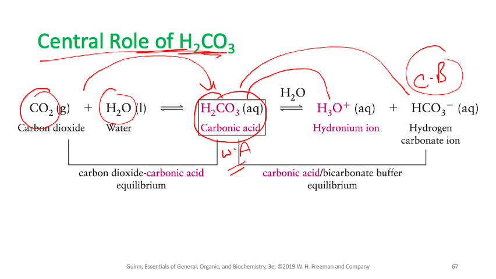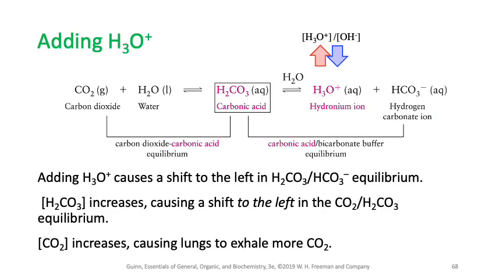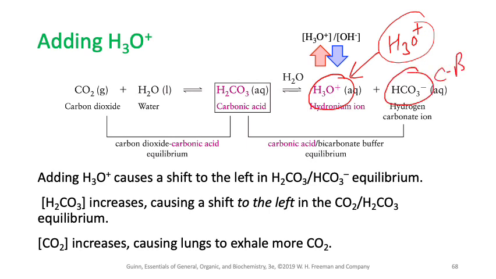So let's try to understand how this mechanism works. If I put more hydronium ion into the system, the extra hydronium ion that we are putting in is going to react with the conjugate base, and then the reaction will go to the left side to make more carbonic acid.